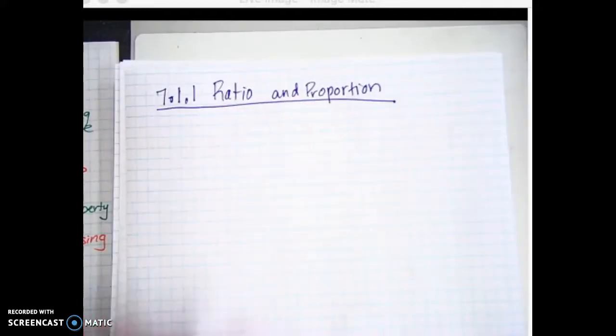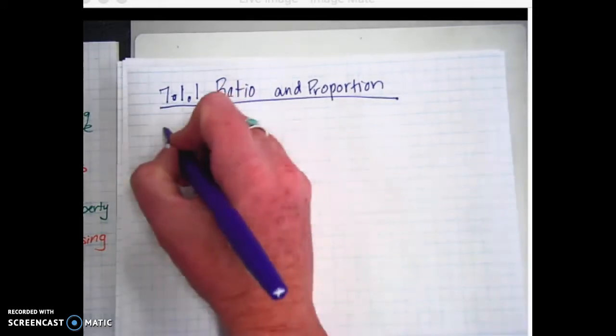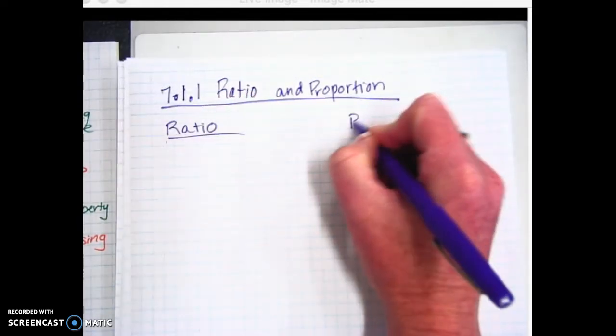and proportion. So we're going to spend 2 days talking about it because there's a couple different parts to it. So first thing, we need to know the difference between a ratio and a proportion.